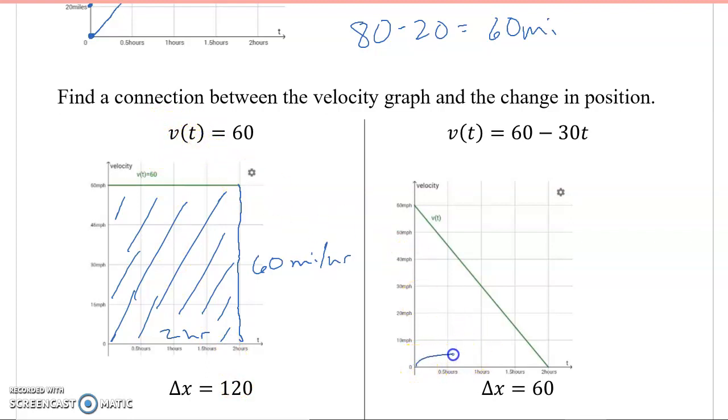We have, this time the base is still 2 hours, and the height is still 60 miles per hour, but it's no longer a rectangle, it's a triangle, so it's going to be 1/2 base times height, and that 60 comes into play.